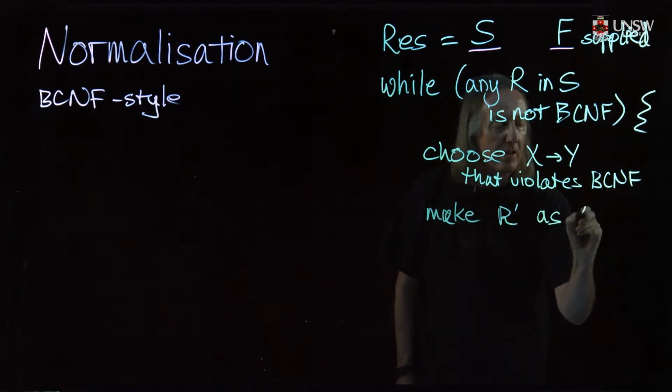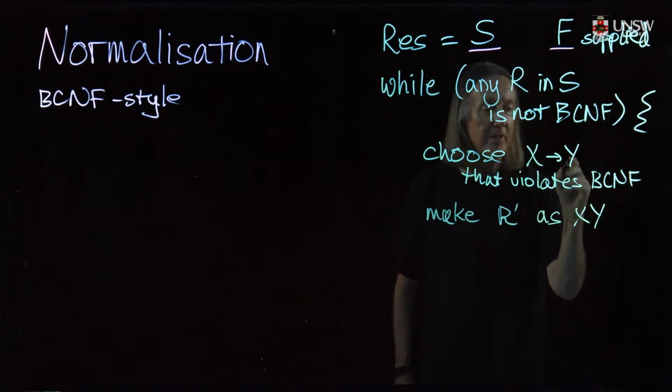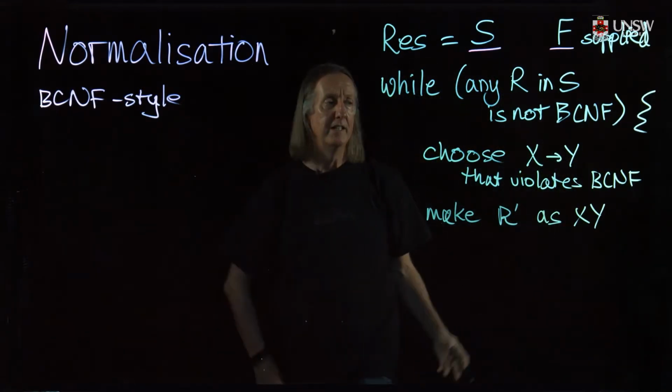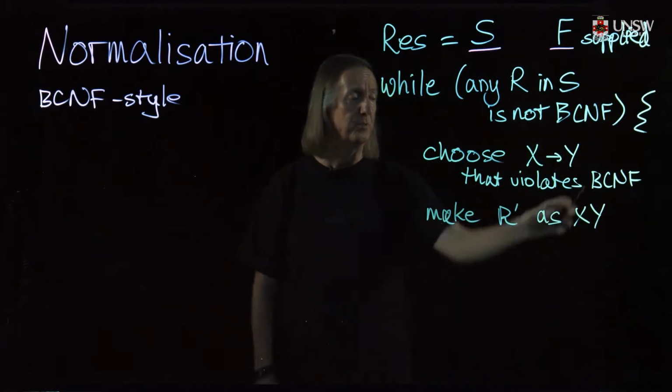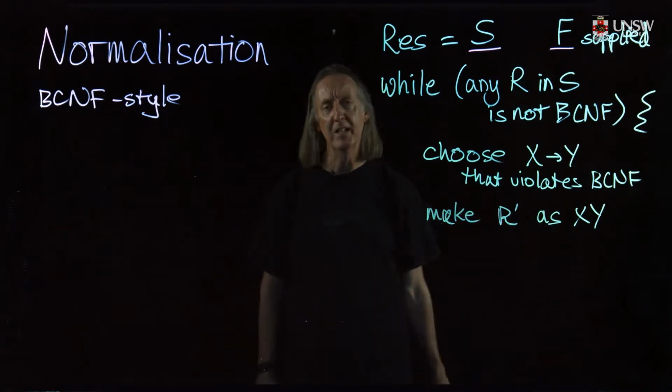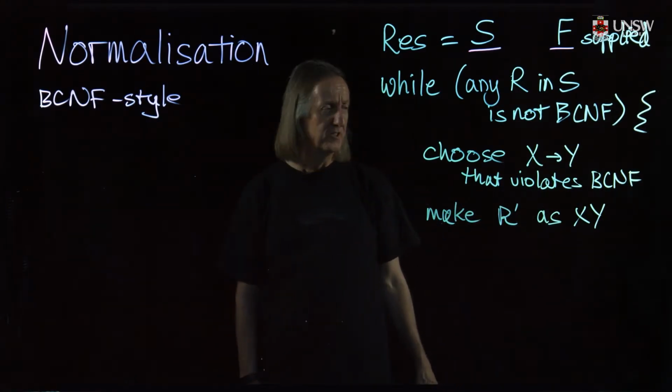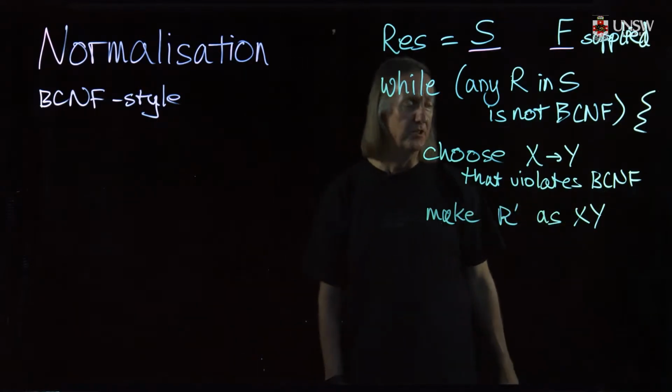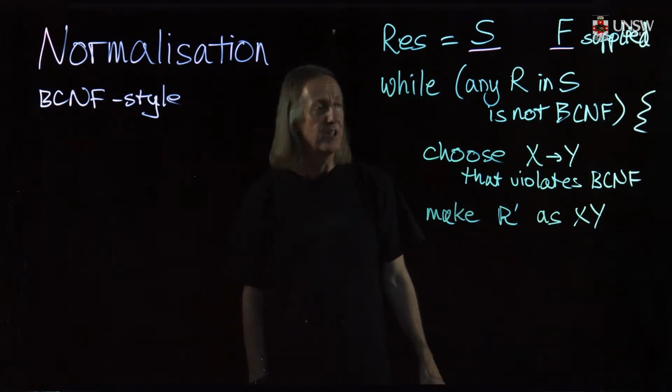And all we put in R prime are these two things. Now, if we've simply got these two attributes and we stick them in the table, by definition, that table has to be in BCNF. So you might say, hey, we're going to end up with a bunch of two attribute tables.